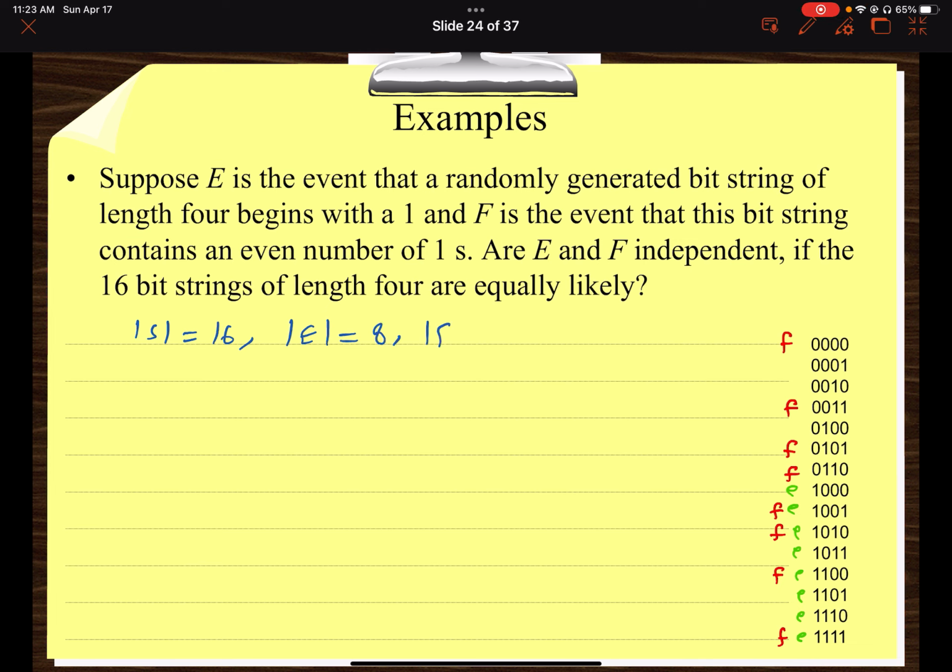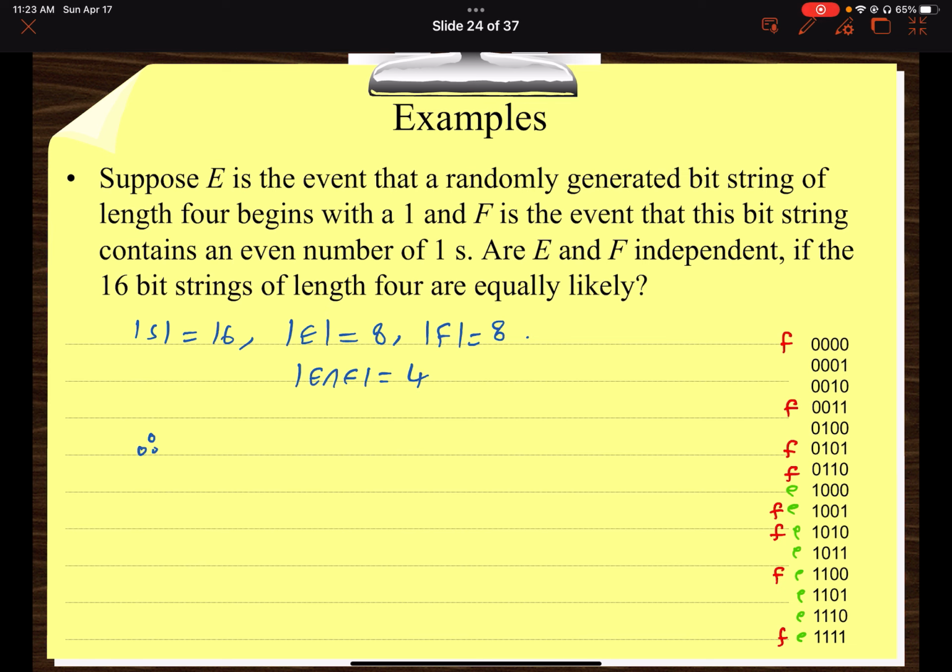And what is the size of F? 1, 2, 3, 4, 5, 6, again 8, right? And what's the size of E intersection F? Well, for E intersection F, we can count 1, 2, 3, and 4. So basically, the size of E intersection F is 4.